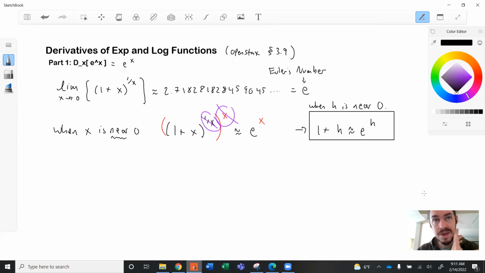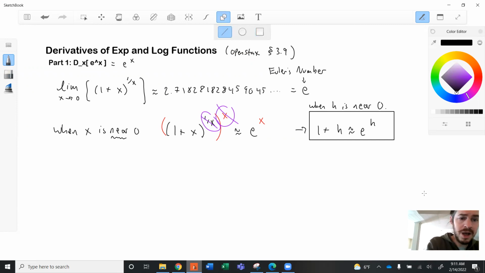If you're taking a limit as h approaches 0, which we will be when we evaluate the derivative in just a minute, then you can get arbitrarily accurate. It means you can make it as precise as you want, to any number of decimal places, by selecting an h sufficiently close to 0.